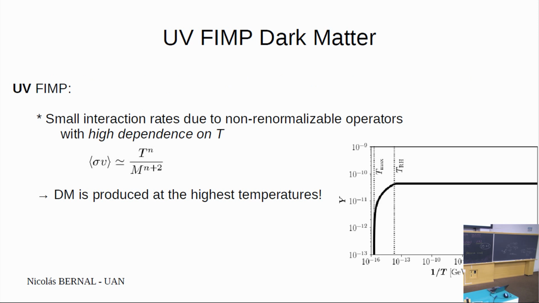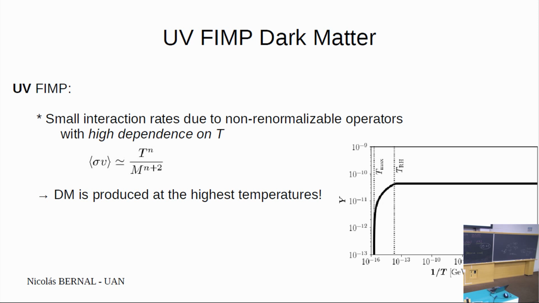Okay, so this is basically exactly the same slide that I showed you before. I just want to emphasize the case where we have UV freeze-in and where we can parameterize our cross-section like T to the power n over a mass scale to the power n plus 2, so where we have a very high temperature dependence. I told you the bulk of the dark matter is produced at the highest temperature of the universe.